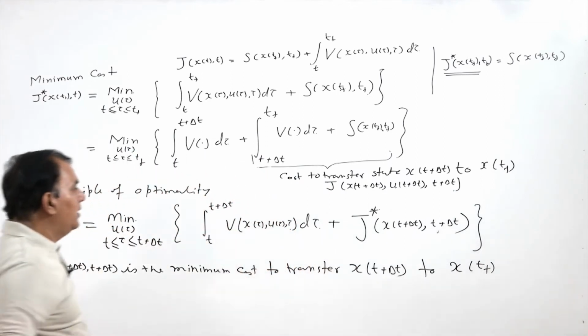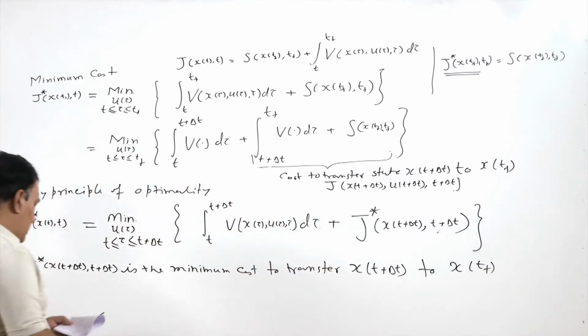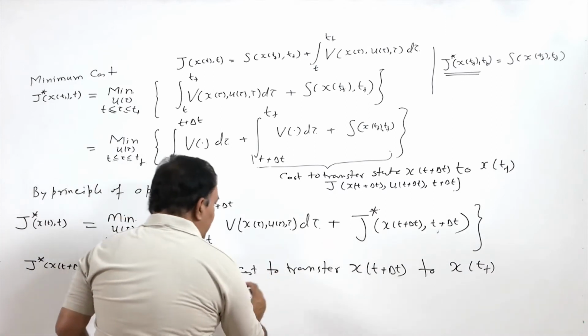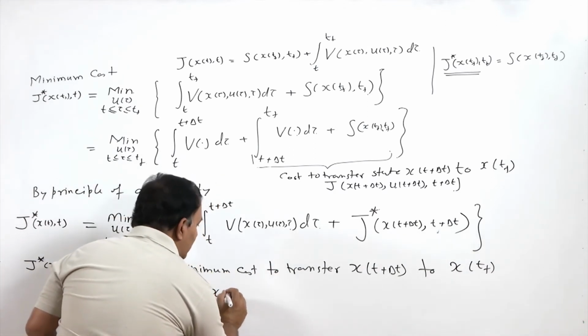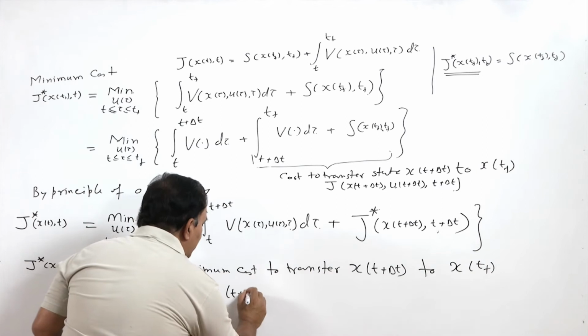So, this will be my minimum cost, and what is my x(t + Δt)?